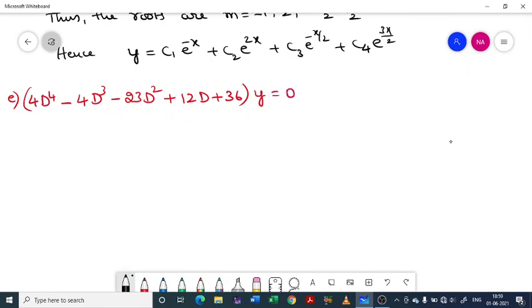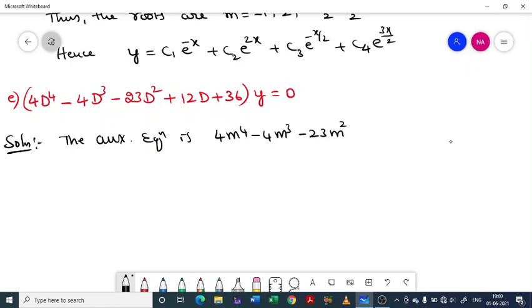Right? Solution. Directly I will write the auxiliary equation. The auxiliary equation is 4m power 4 minus 4m cube minus 23m square plus 12m plus 36 equal to 0.